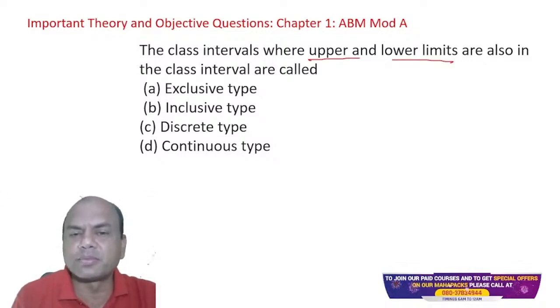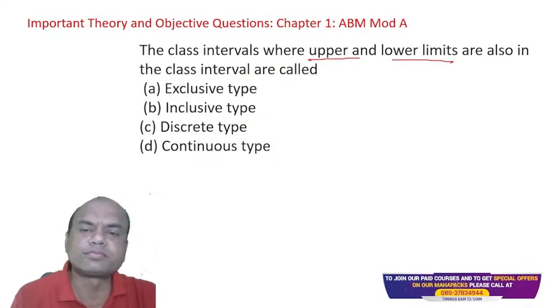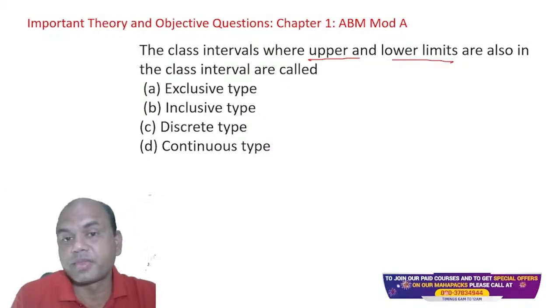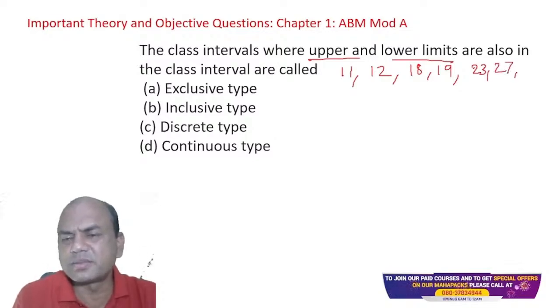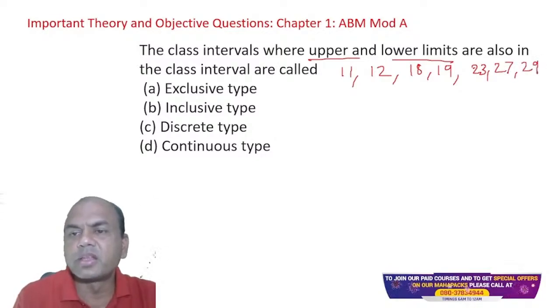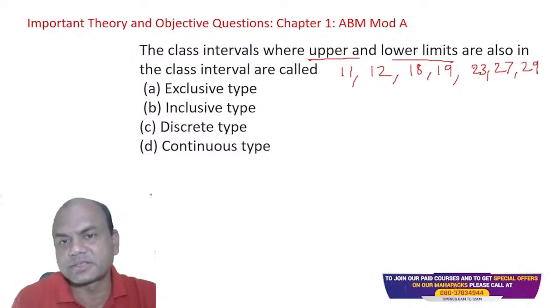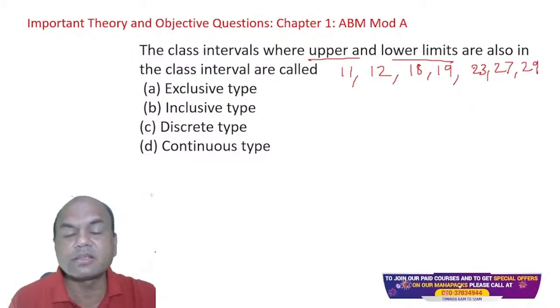Suppose there are these numbers: 11, 12, 18, 19, then let's say 23, 27, 29. Now I have to arrange these numbers in classes.